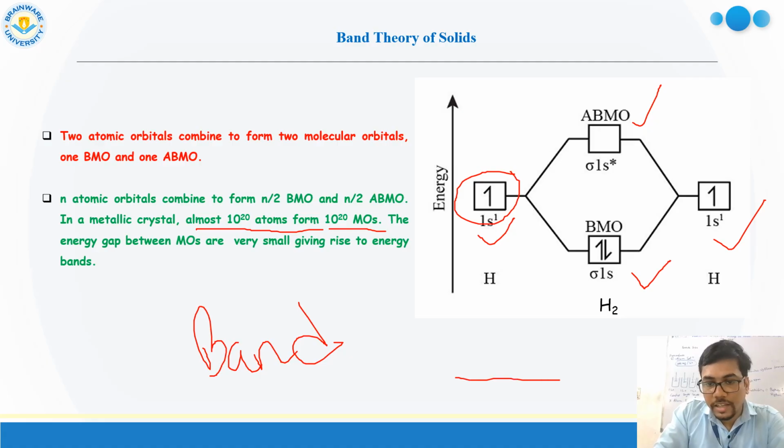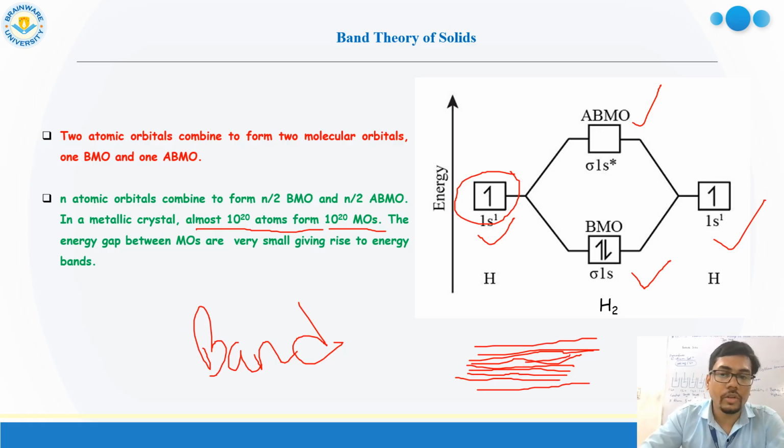Suppose some energy levels are very closely spaced, then we cannot distinguish them. They basically appear as a band. Okay, so for a metal, in this way bands appear.